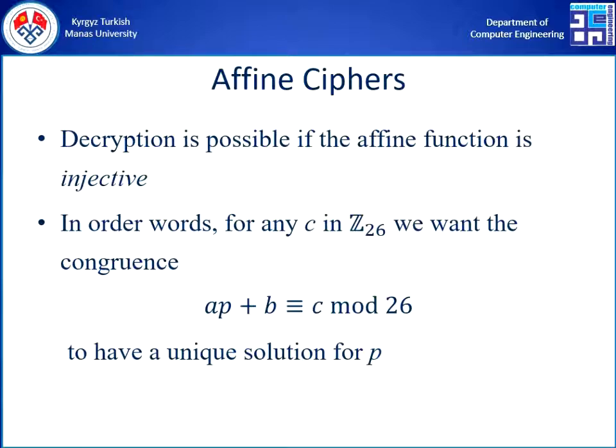For any number which belongs to the set of integers modulo 26, which we denote by Z with subscript 26, we need the congruence, that is, the equation of this type, to have a unique solution. If this congruence has a unique solution, then we call this congruence injective.